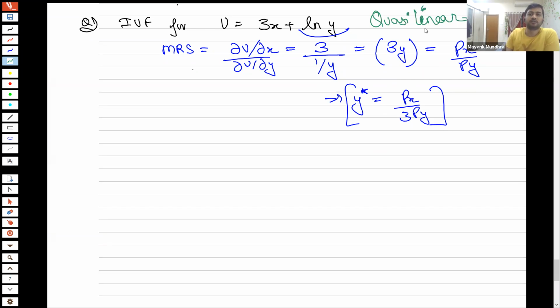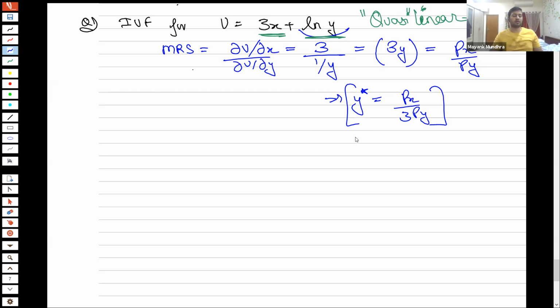The word quasi is basically partial. So this part is linear, this part is non-linear. So it's partially linear, and that's why we call it quasi-linear. So y star is Px by 3Py.